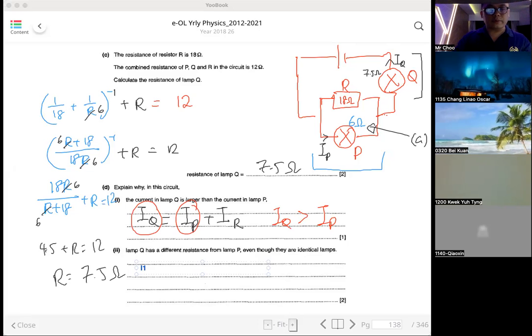So IQ has a larger current. IQ is larger than IP. So this means that Q has more current going through it, so it is operating at a higher temperature. So what happened?